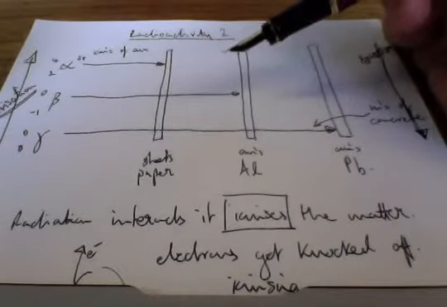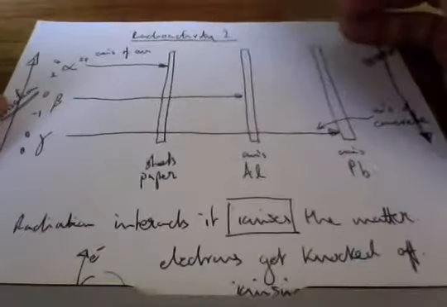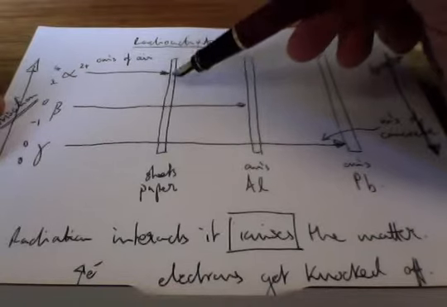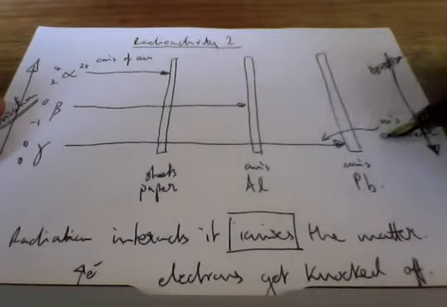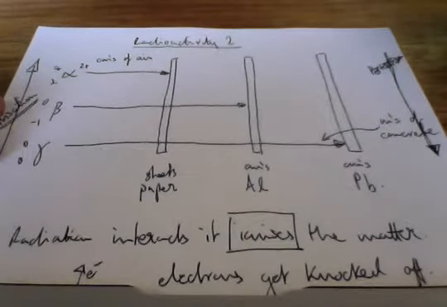Once you have that photographic film analysed, you can see how much radiation you've been subjected to. And very interestingly as well, if you put part of the photographic film behind aluminium, and part of it behind lead, then each patch will show you what type of radiation you've been subjected to.